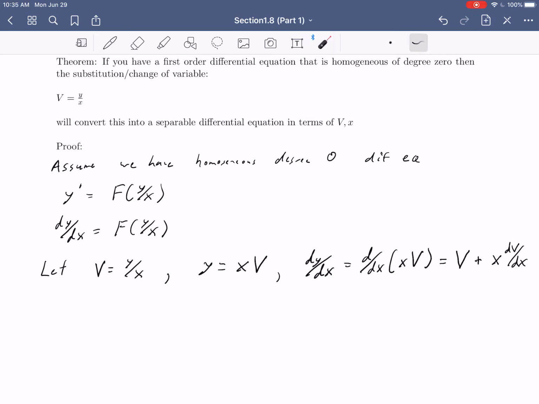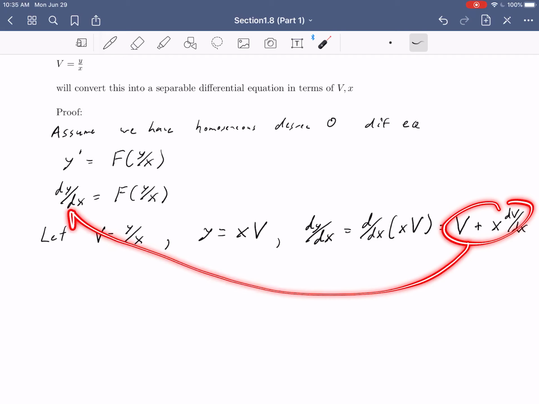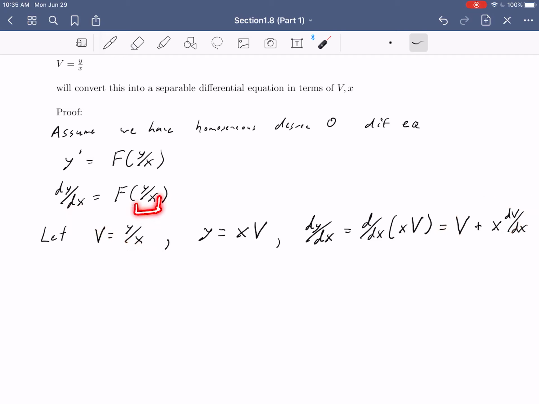Okay, so we now have that v is equal to y over x, which is the same as saying y equals xv, and we now know we can replace dy dx with v plus x dv dx. So let's go ahead and pop that in there. So we'll put this in on the left-hand side, and we can replace this just manually with v. So we get v plus x dv dx is equal to capital F of v.